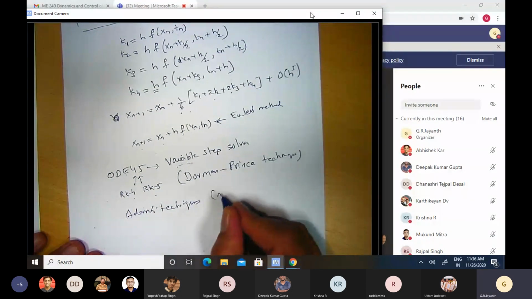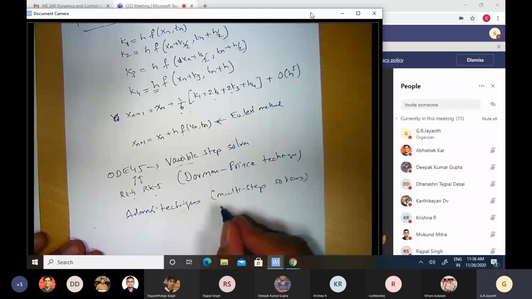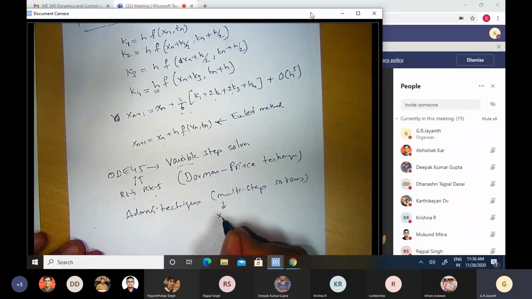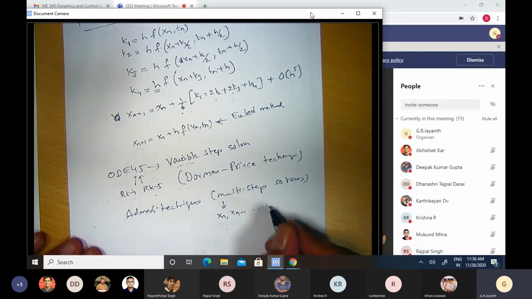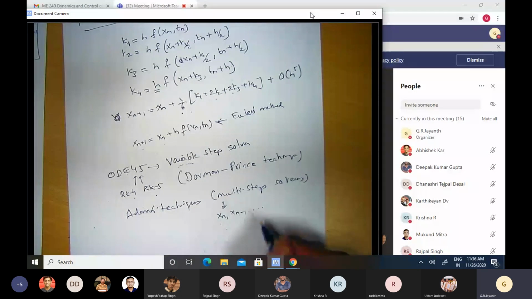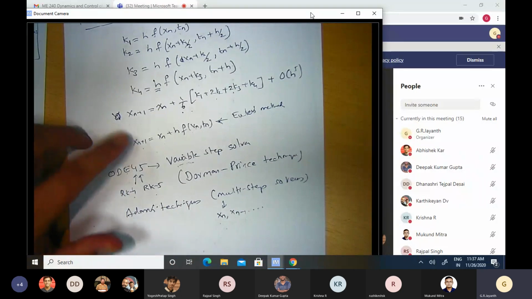These are multi-step solvers, by which it means that they use information about xn, xn minus 1, etc., for some length of steps. There's a certain length for the string that you can also specify, and given that length, it will use the information for the previous steps to obtain xn plus 1.